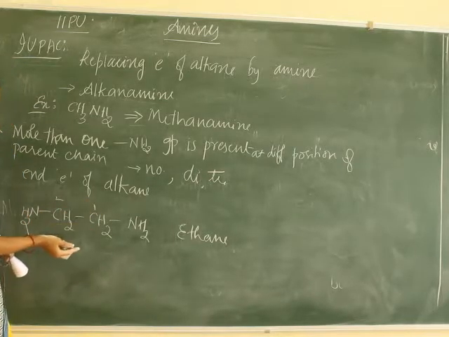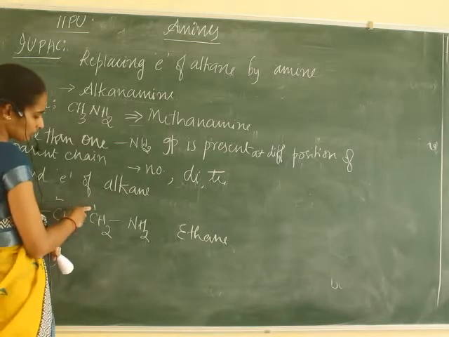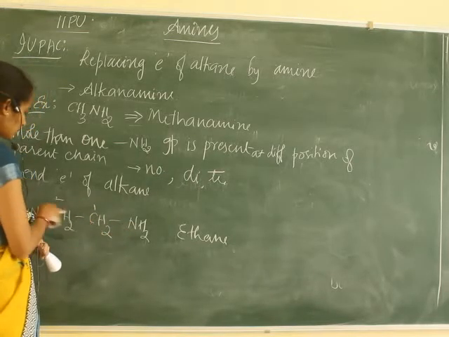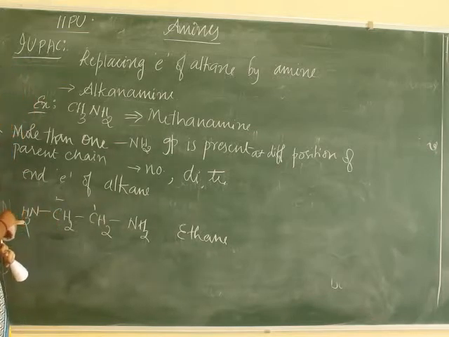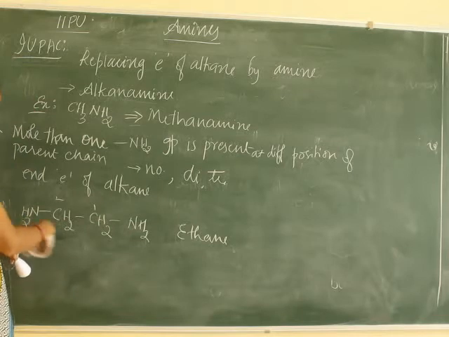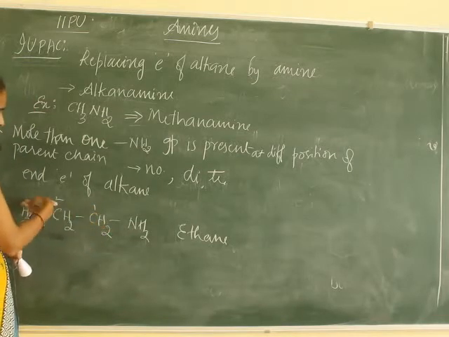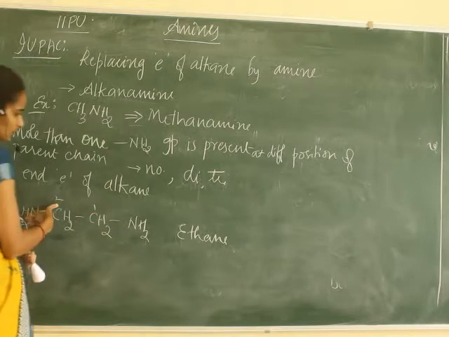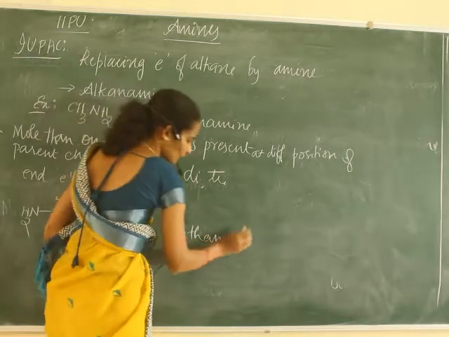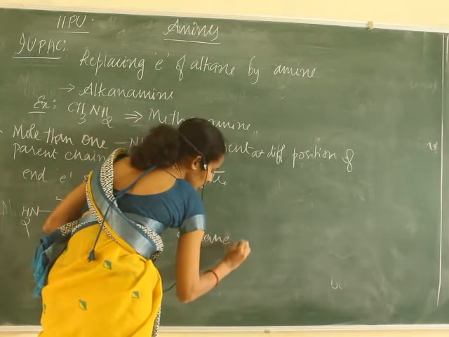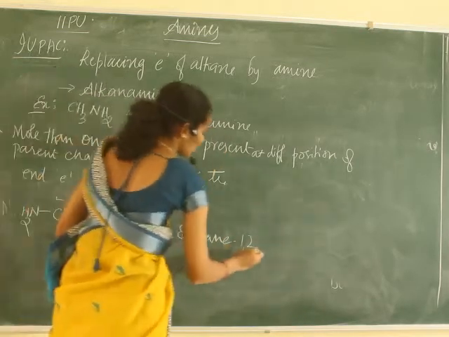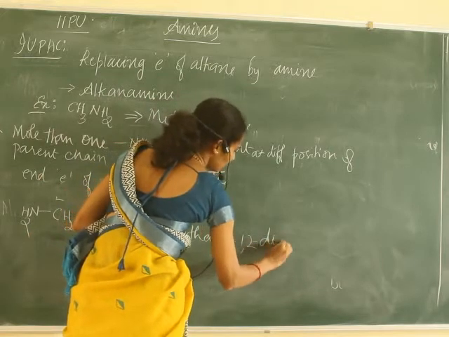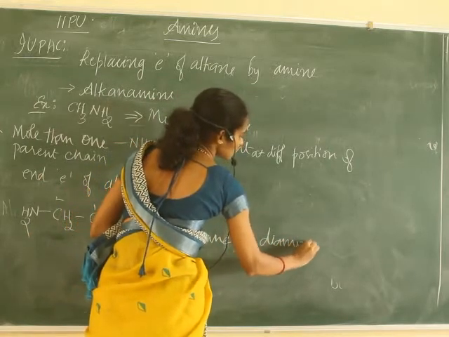It is one and the same. If you consider from here, this NH2 will get the least number, or if you start from this side, this NH2 group will get the least number. So it is one and the same. You can start from this side or that side. So the name of this compound is ethane-1,2-diamine, amine groups at the first and second positions. How many amine groups? Diamine.